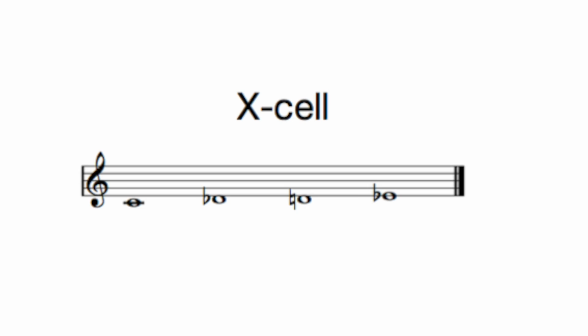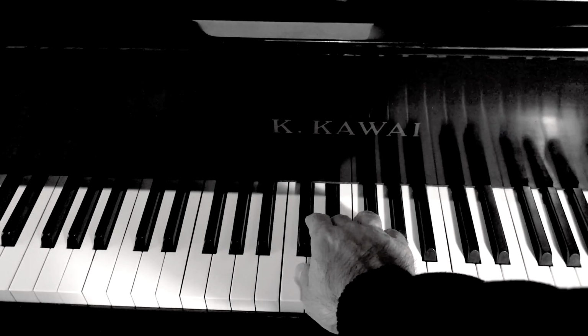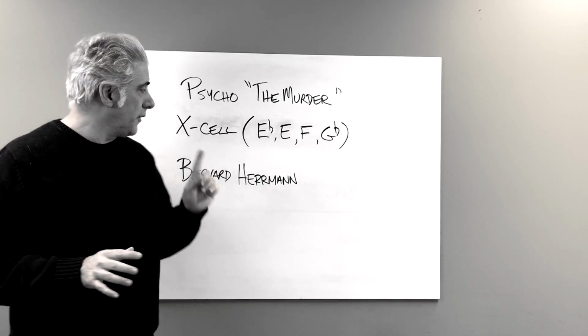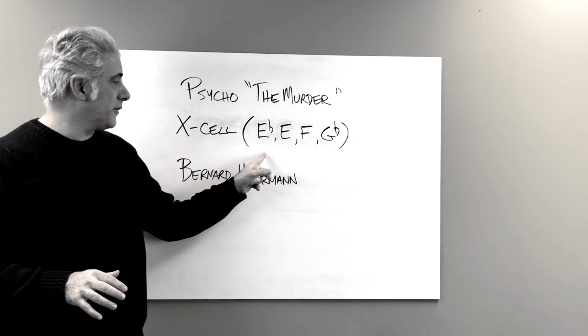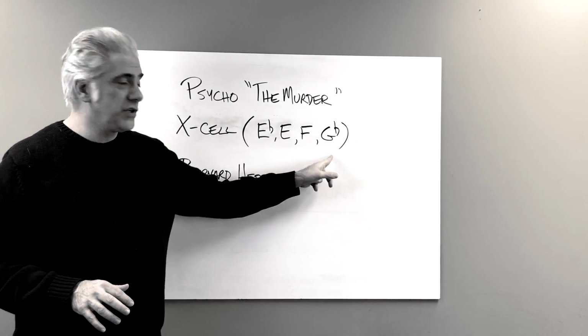The next example is called an X cell. This cell is comprised of 4 chromatic notes. In this instance, it is the notes C, D flat, D, and E flat. The murder scene in Psycho uses this particular X cell with the notes E flat, E, F, and G flat.